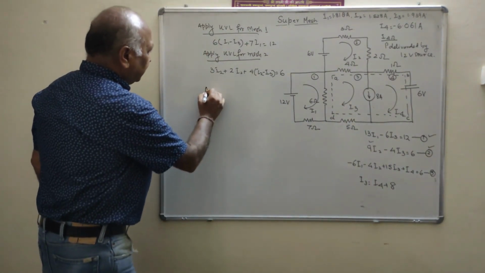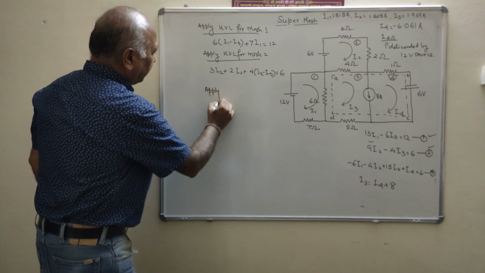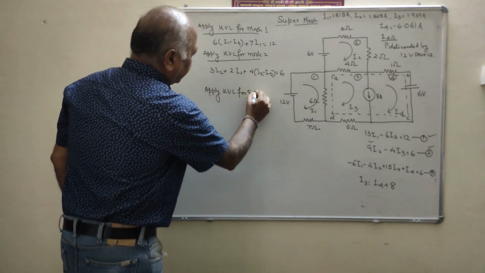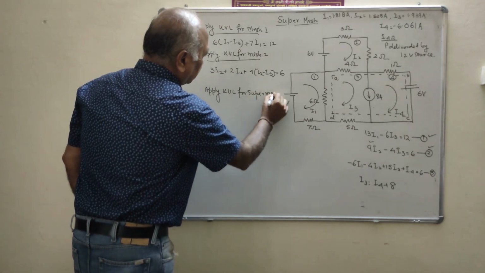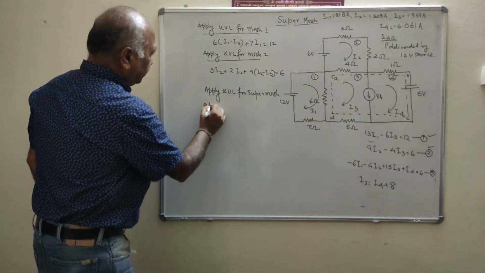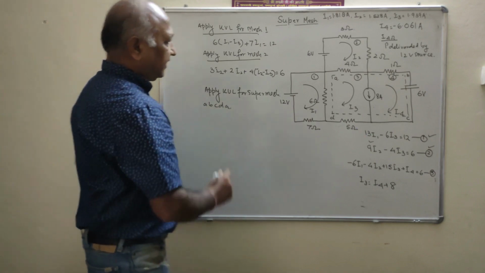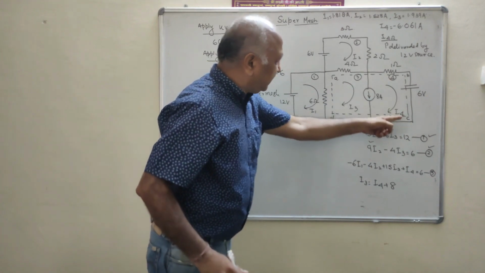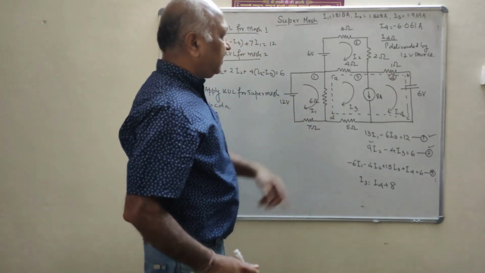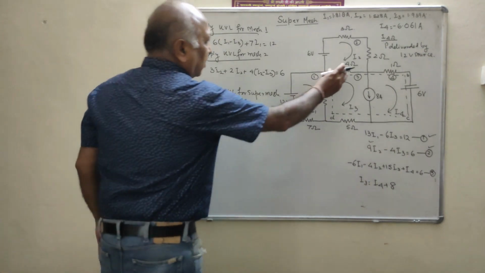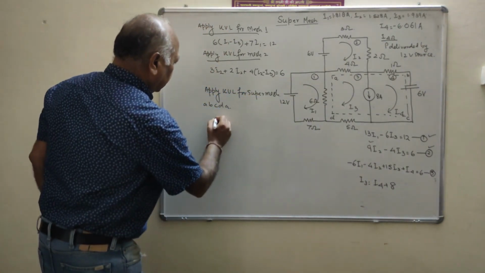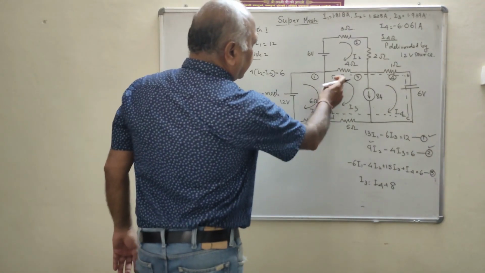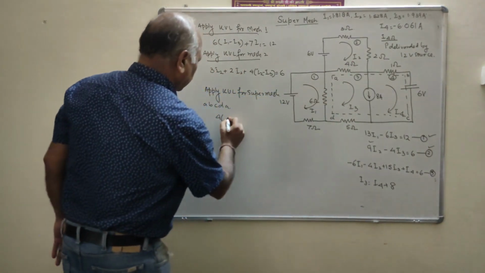Now we will apply KVL for the super mesh A, B, C, D, A. Now you will write the drop in the 4 ohm: that is 4 into I3 minus I2.